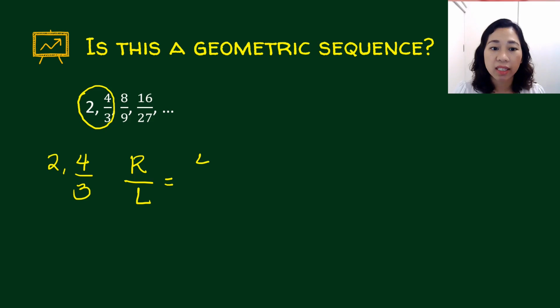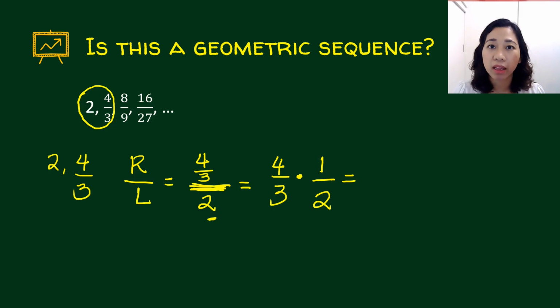So in that case, that is 4/3 all over 2. How do you divide a fraction? You copy the numerator, the division becomes multiplication, and the denominator 2 will be changed to its reciprocal. So 4/3 times 1/2 becomes 2/3. So the answer here is 2/3.